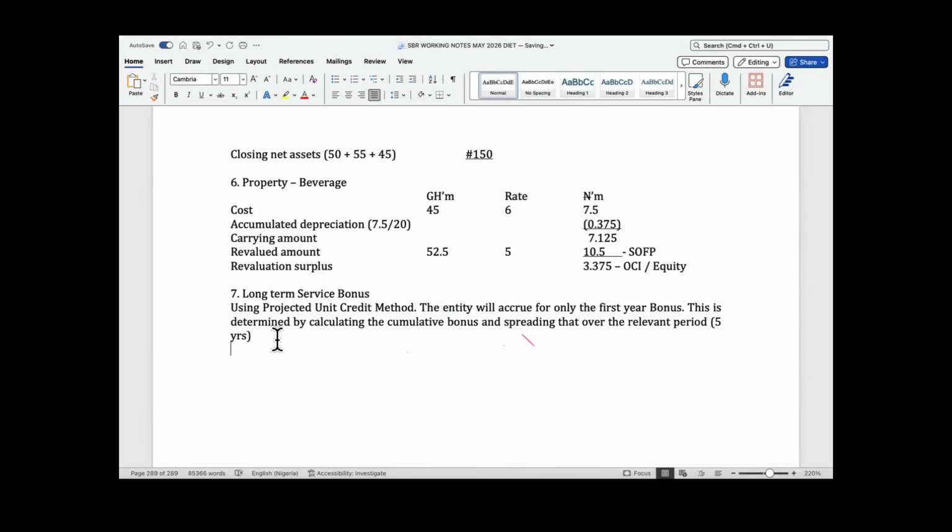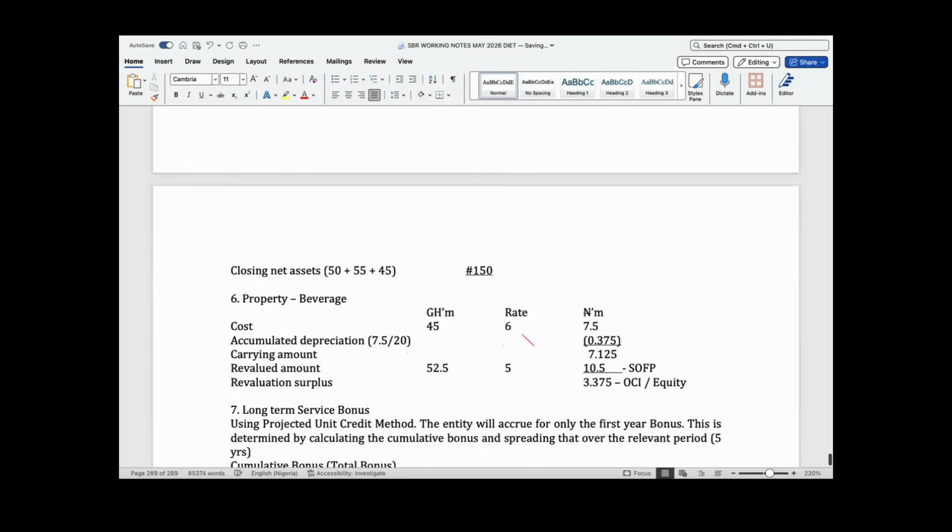So I need to get the cumulative bonus. What is the total bonus? That is the total bonus. I know that the annual bonus is simply 2% times annual salary.